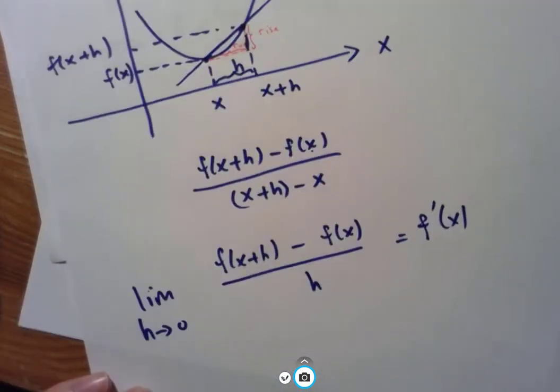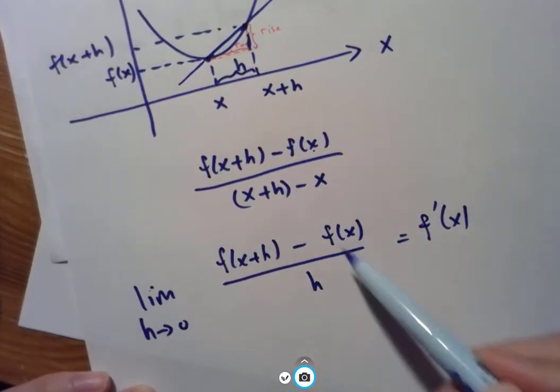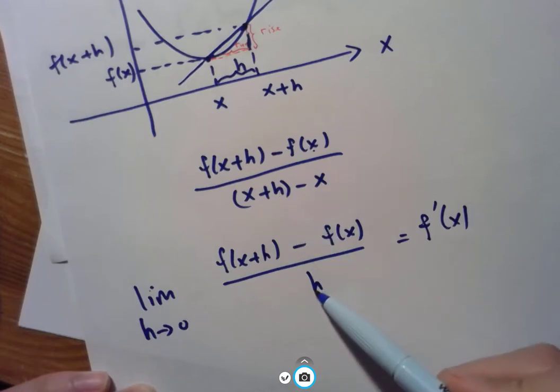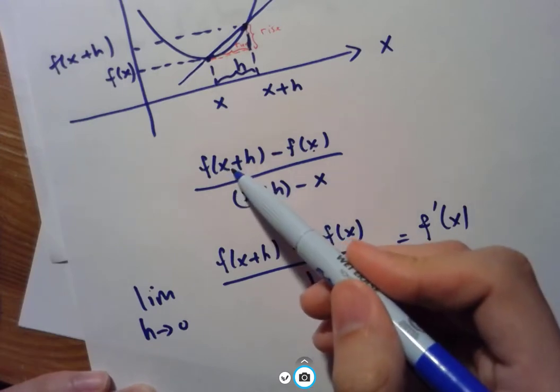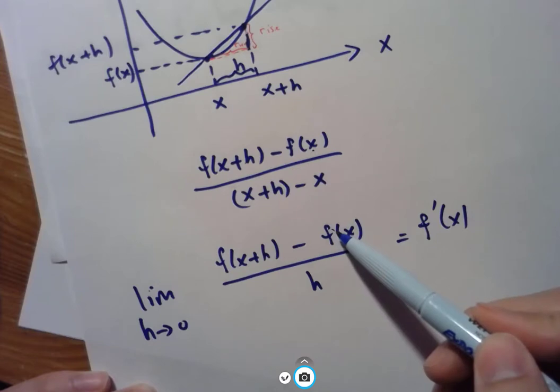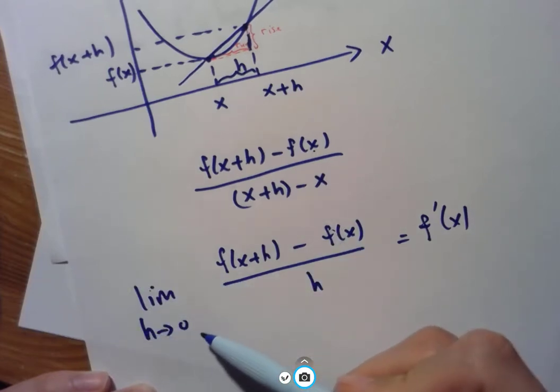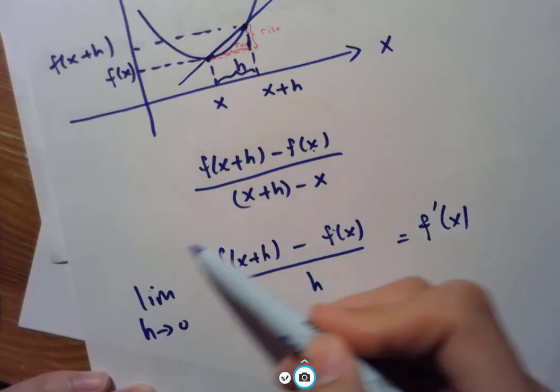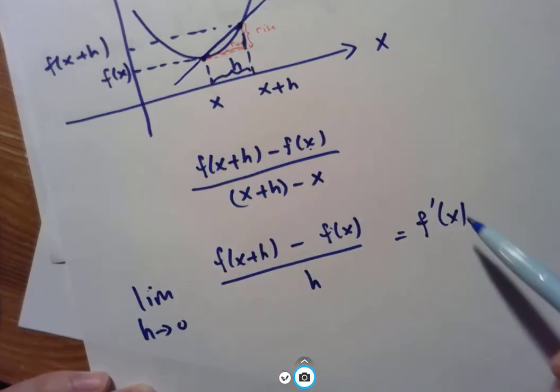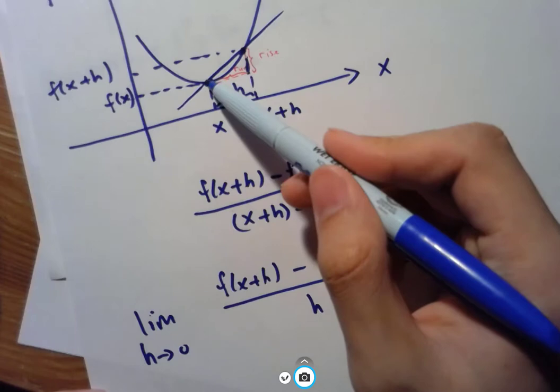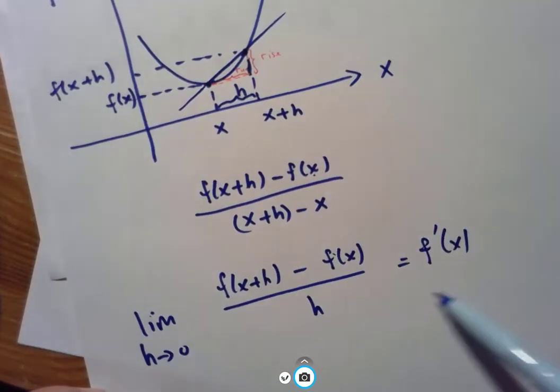From here we can see the x and x cancel, so you have h at the bottom, and f of x plus h minus f of x on top. Make sure that the limit is always h approaching 0, and this is the instantaneous rate of change of the function at one point x, and that is the derivative function of f of x.